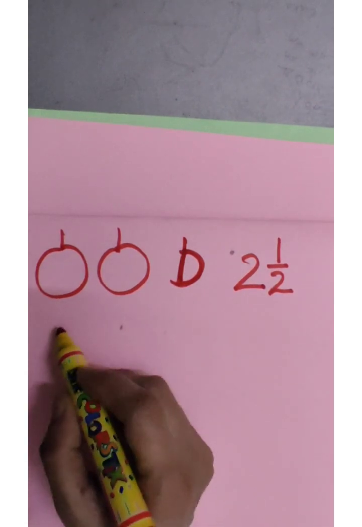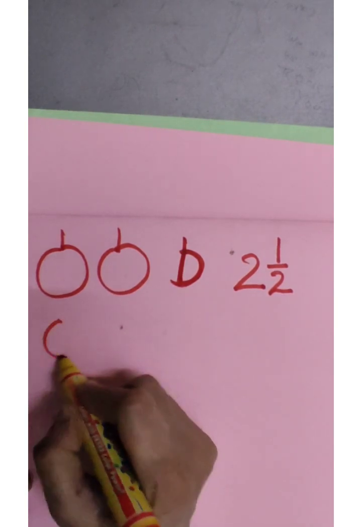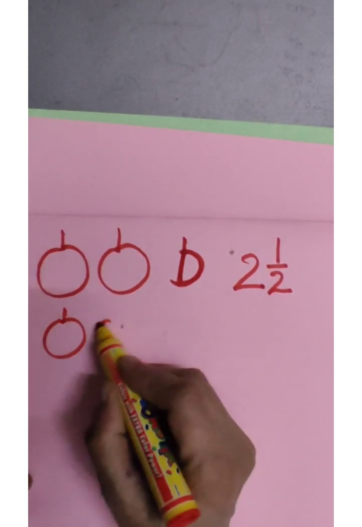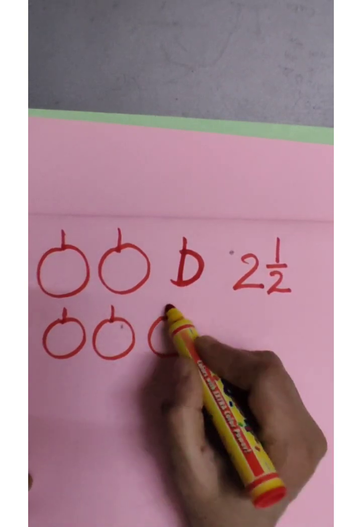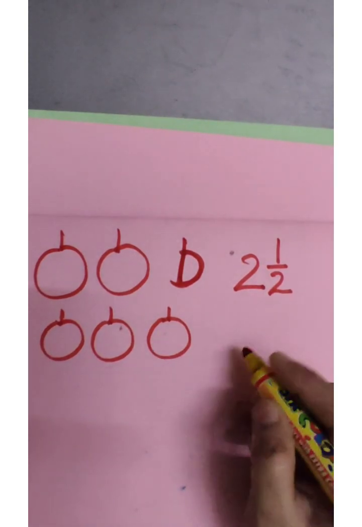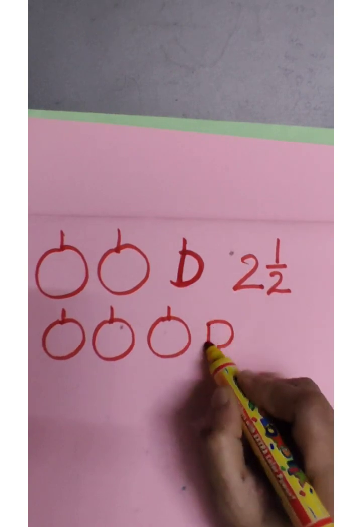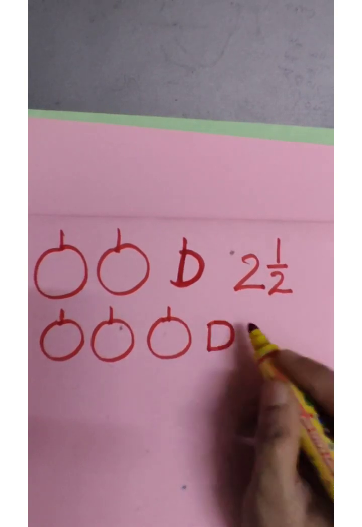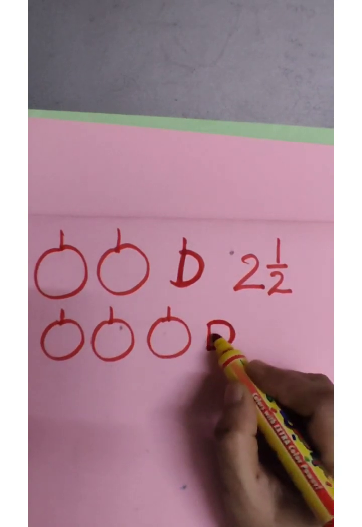Suppose I have 1, 2 and 3 chickus, and I also have a quarter piece of the chiku.